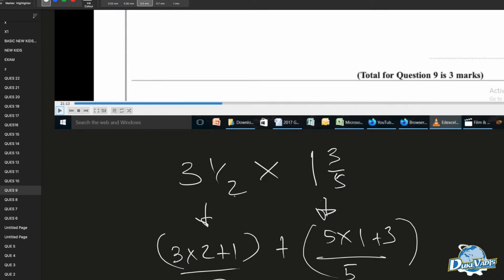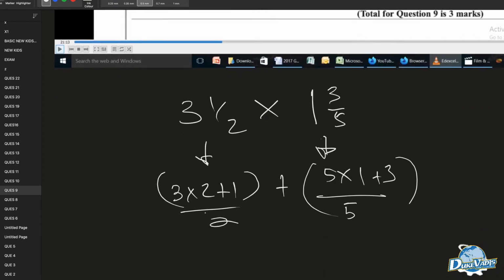So I multiplied 2 by 3 and added 1; this is 6 plus 1, which is 7 over 2. It's multiplication. Then this is 5 times 1 plus 3, that's 8 over 5.